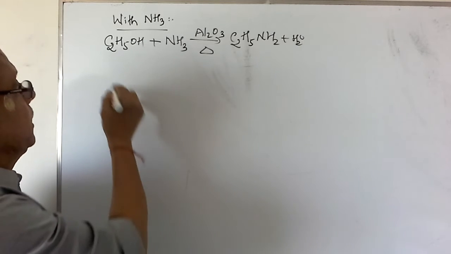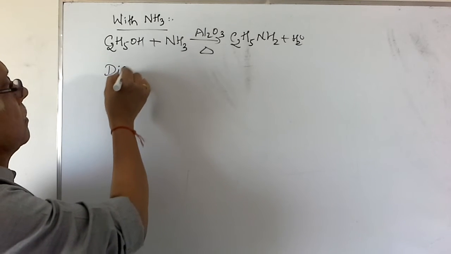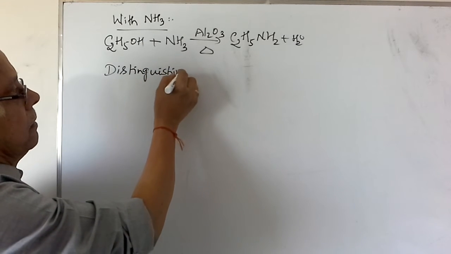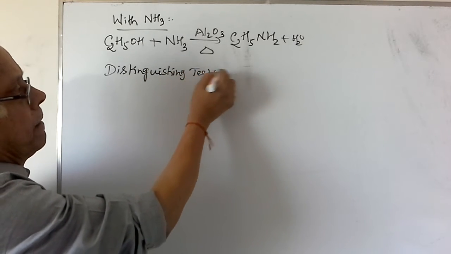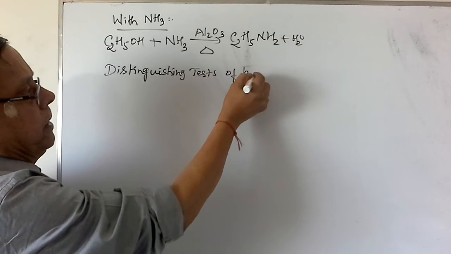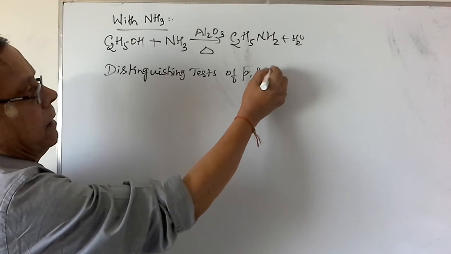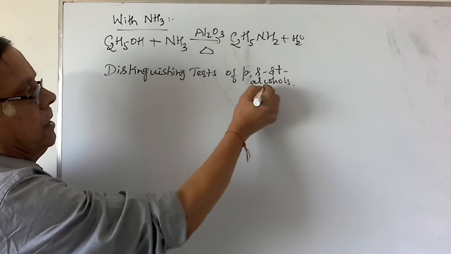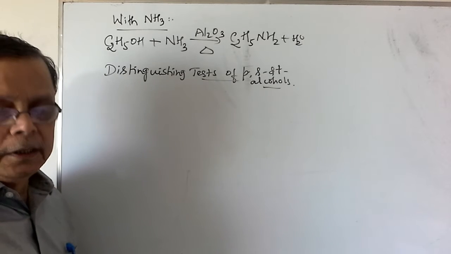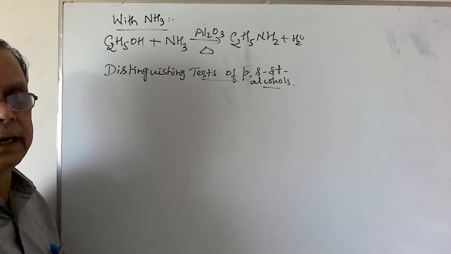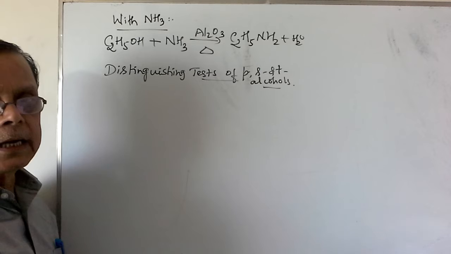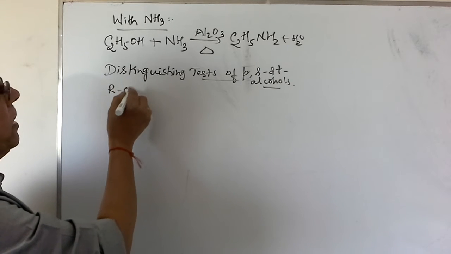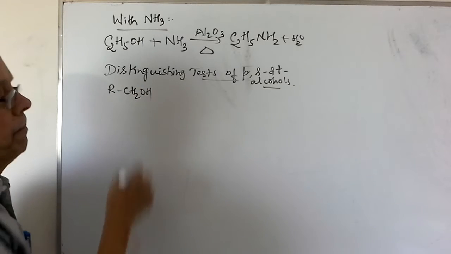Now let us go for the distinctions or distinguishing tests of primary, secondary and tertiary alcohols. We have seen in the previous video the primary alcohols contain at least 2 hydrogen atoms on the carbon carrying the OH group. So the general formula for a primary alcohol we can write as RCH2OH.